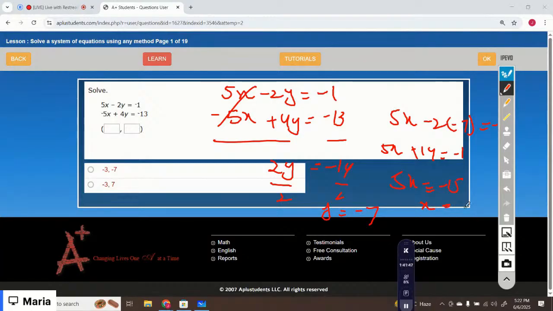X equals negative 3. So the correct option is number 1. That is negative 3 and negative 7.